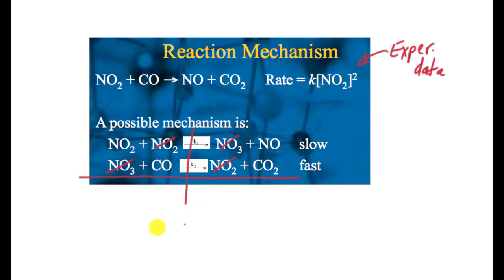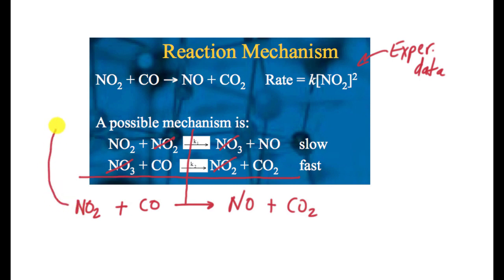So I bring down what's left over, which would be nitrogen dioxide plus carbon monoxide, which yields nitrogen monoxide and CO2. Does this match my overall reaction? Yes. So the summing up of the two elementary steps matches the first criterion.